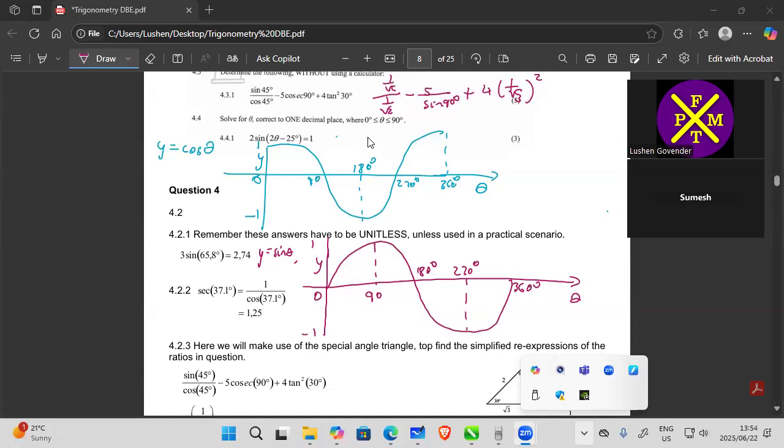Must have to check on the purple one also. Yes, please.